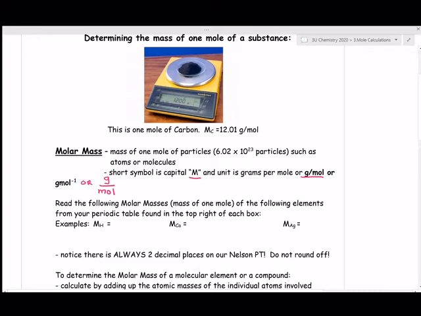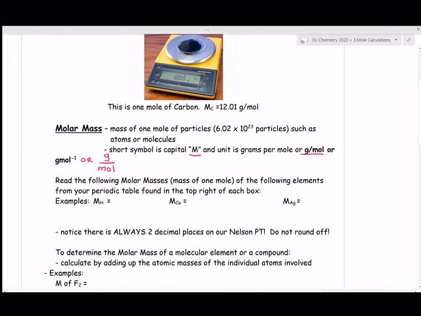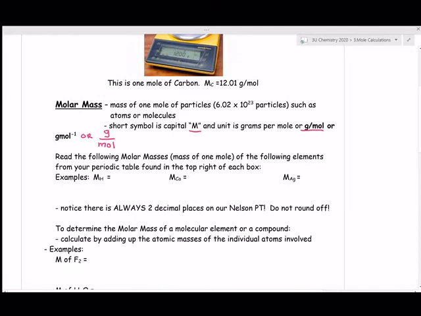So I'd like you to look at your Nelson periodic table. And if by chance you don't have it, I have attached a link in our virtual learning environment. It's not the clearest, so I really hope you have yours at home. First of all, if you find hydrogen, so this is molar mass of hydrogen, look in group 1, and in the box for hydrogen, the top right corner says 1.01.